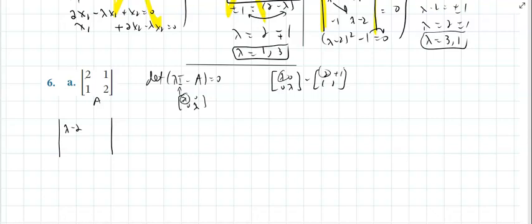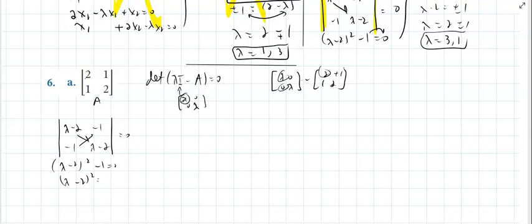So this minus this, 0 minus 1, 0 minus 1, and lambda minus 2 equals 0. Isn't that the product of those minus the product of those? And we agreed that lambda minus 2 squared.